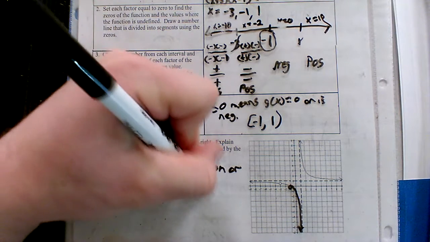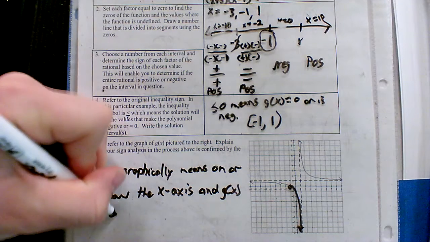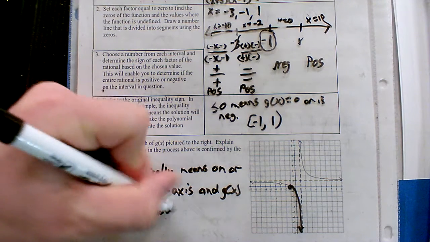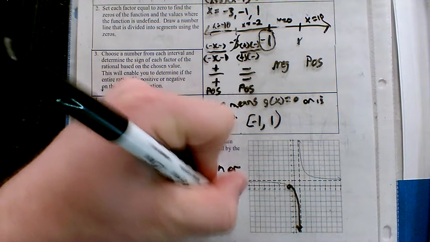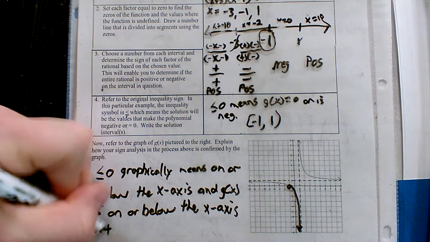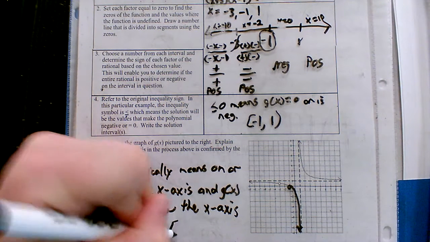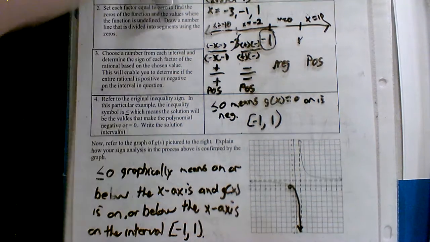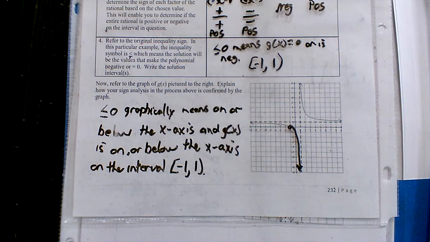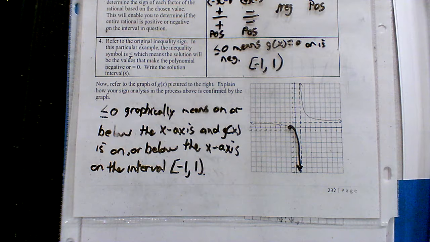And g of x is on or below the x-axis on the interval -1 to 1, bracket, parenthesis. So right here is the only spot that it's on or below the x-axis.